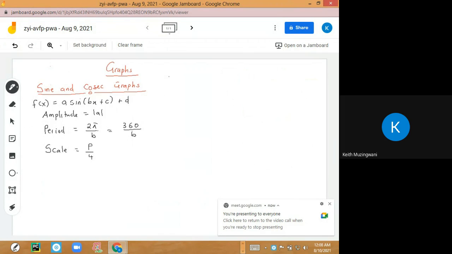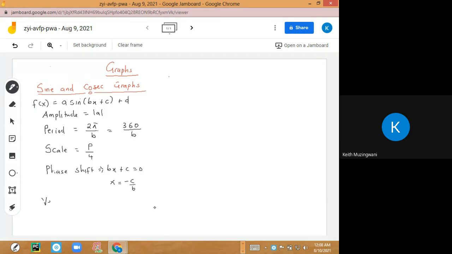And then the first shift will be given by equating bx plus c to 0 and solving for x. So you'll be getting negative c over b.